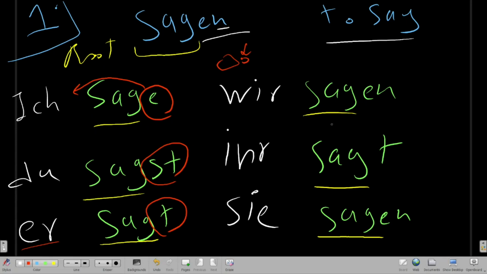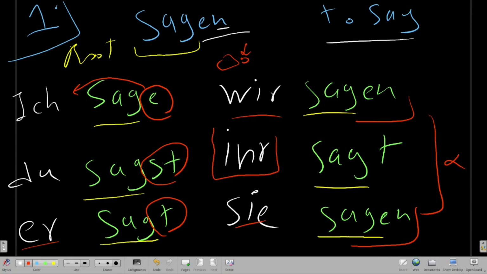Moving on, we see that these two are like the verb in infinitive form, for wir and sie. We should notice that. And the next one is ihr. We remember that we said that ihr is kind of like du in the plural form, but the ending looks like er.